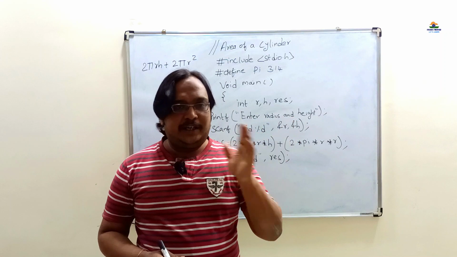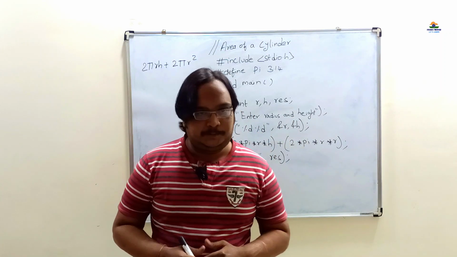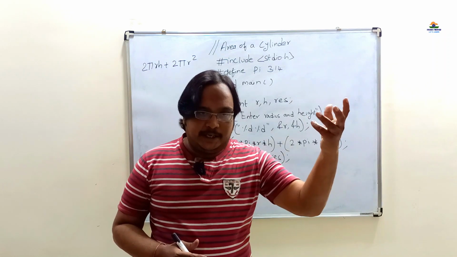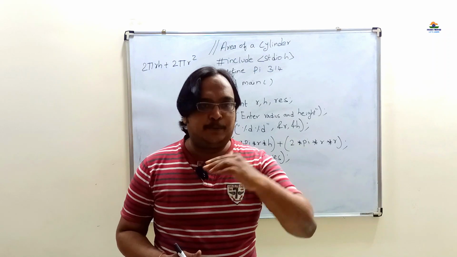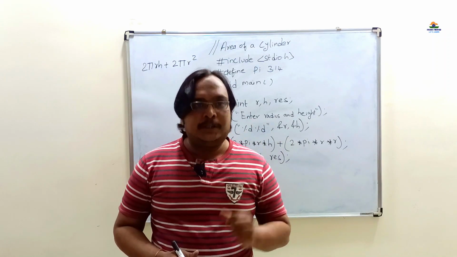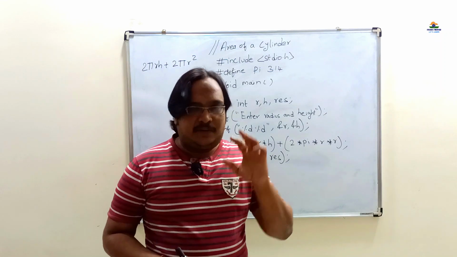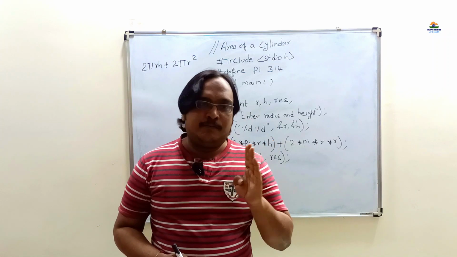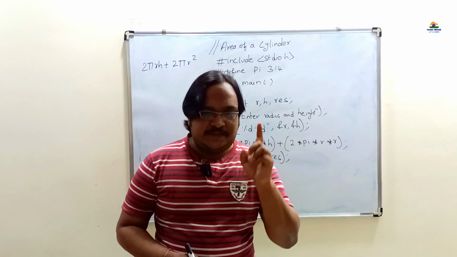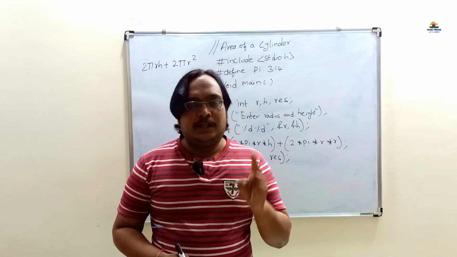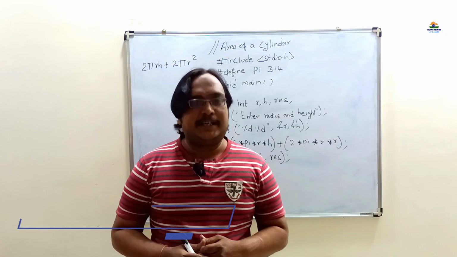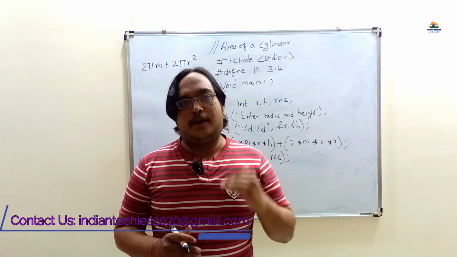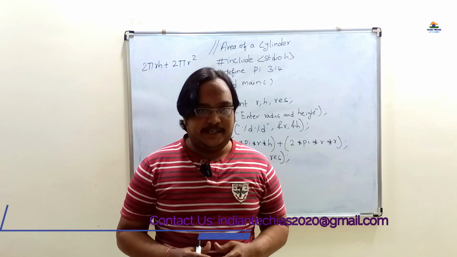That is step 1. Step 2: for the variables that you declare, take the input. Step 3: apply the logic or formula as per your requirement. The last and fourth step: display the result. So the first is declaration, second is input, third is logic, and fourth is display. Divide your total program into these 4 components so that your program becomes easier.